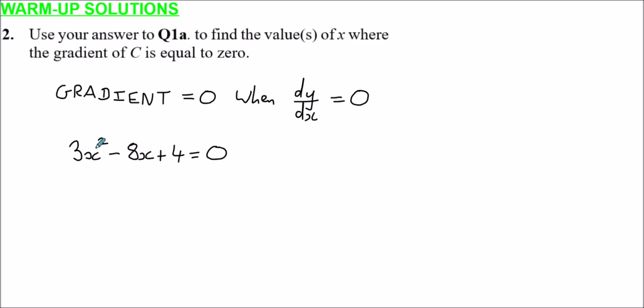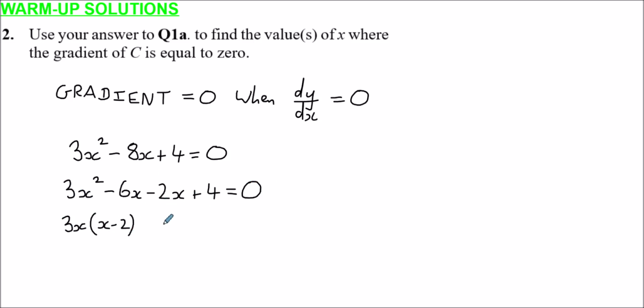So we can partition this minus 8x term by thinking 3 times 4 is 12, and so we need to think of 2 numbers which multiply to 12 but sum to minus 8. Those 2 numbers would be minus 6 and minus 2. So we can now say that we have 3x squared minus 6x minus 2x plus 4 equals 0. This can now factorize. We can factorize from here a 3x, which gives us x minus 2.